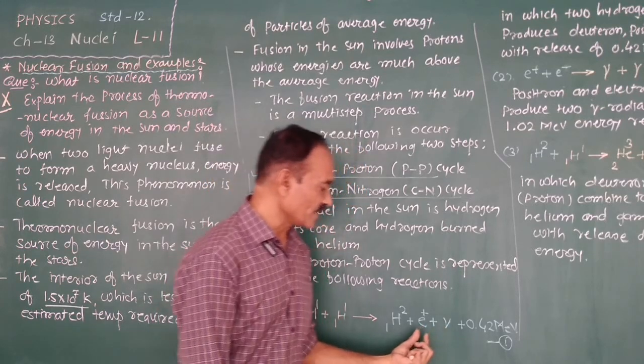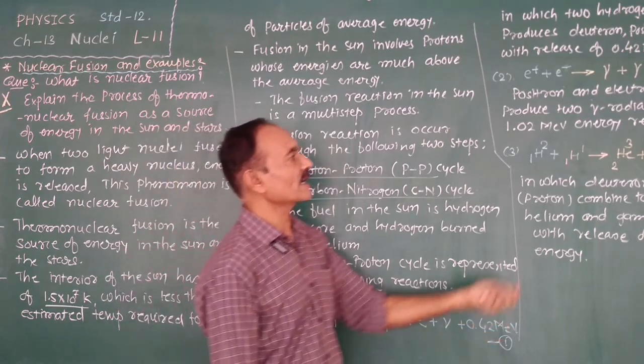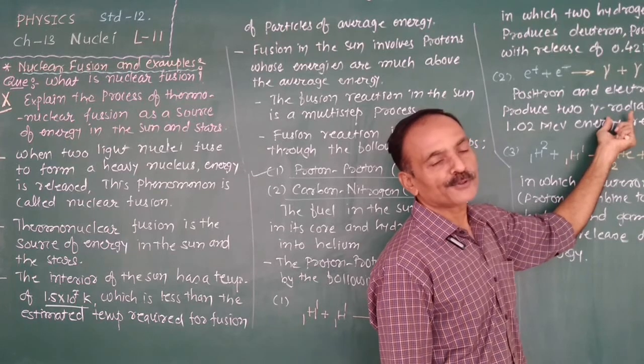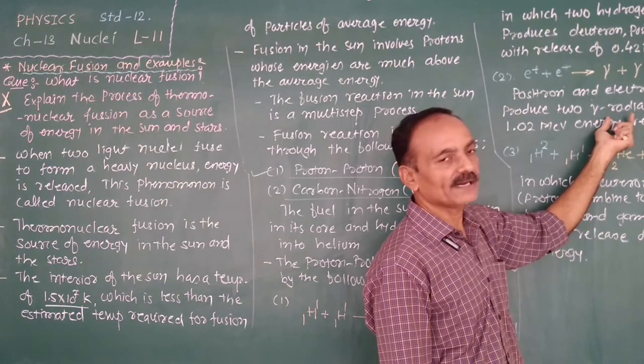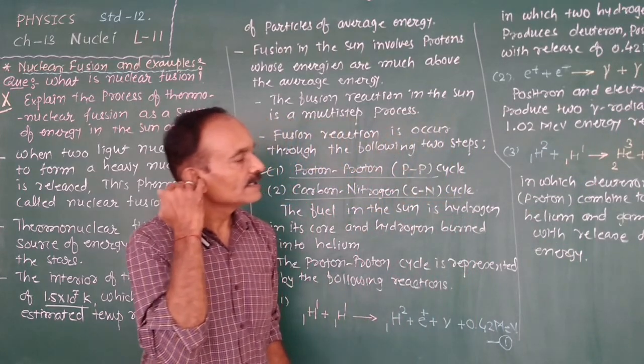So the positron obtained by the combination of two hydrogens combines with an electron to produce two gamma rays with energy 1.02 MeV.